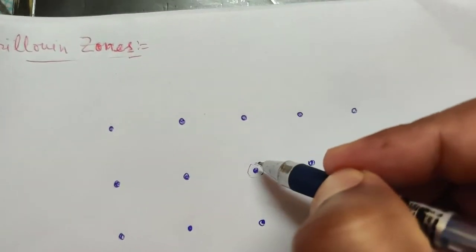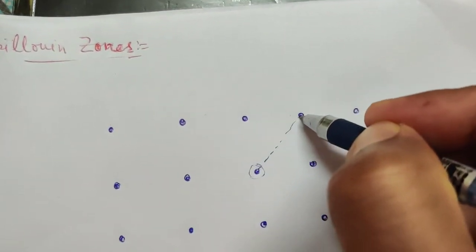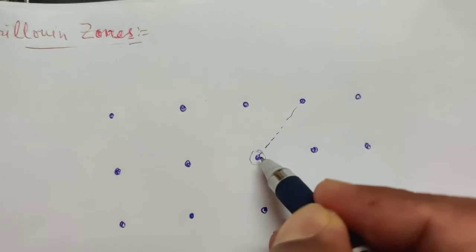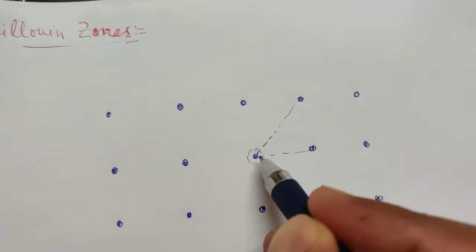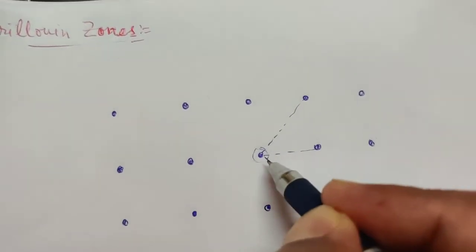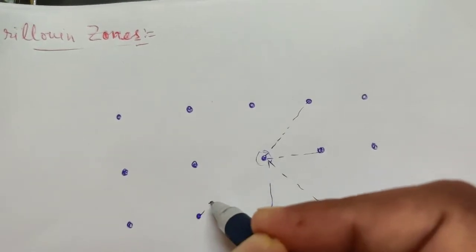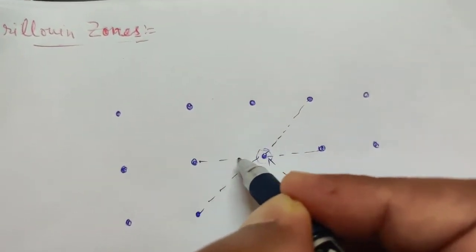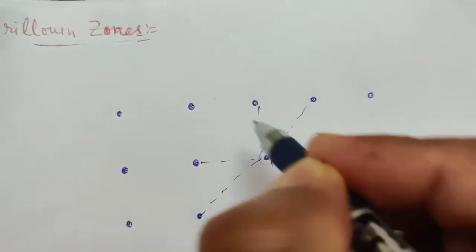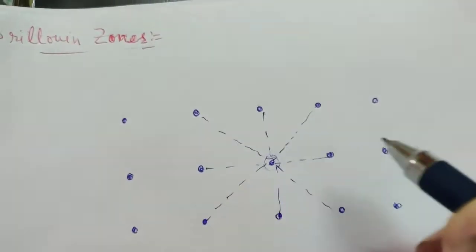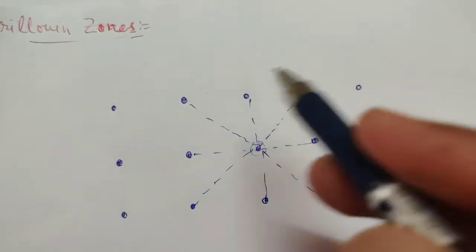So let us draw this line to this central atom, from this atom to this atom. This is your real space, not reciprocal space.